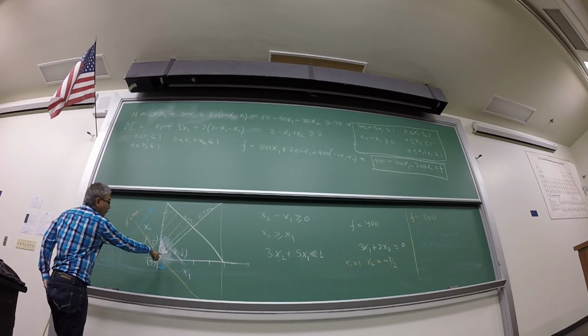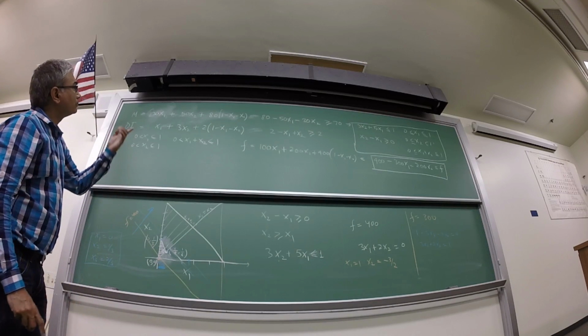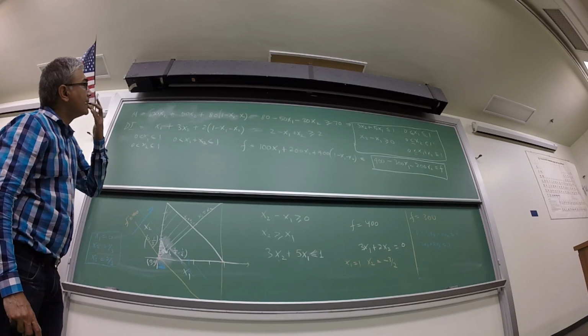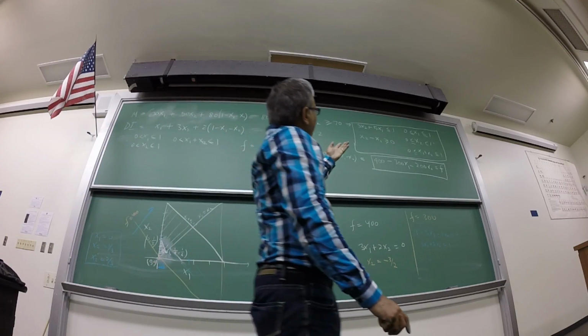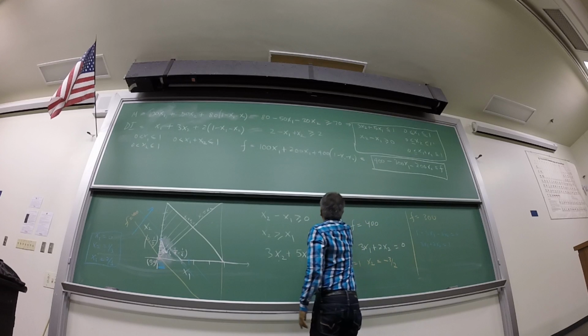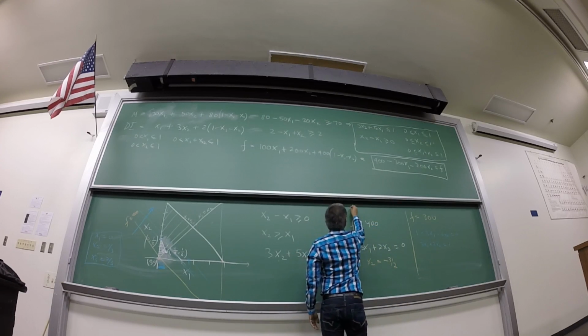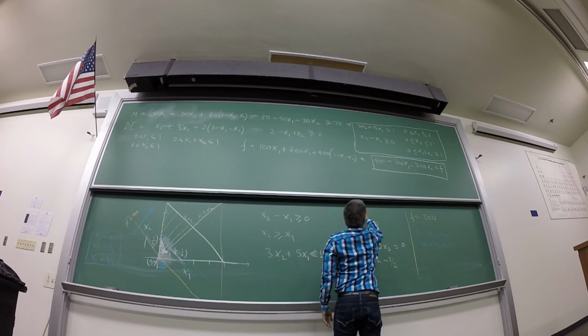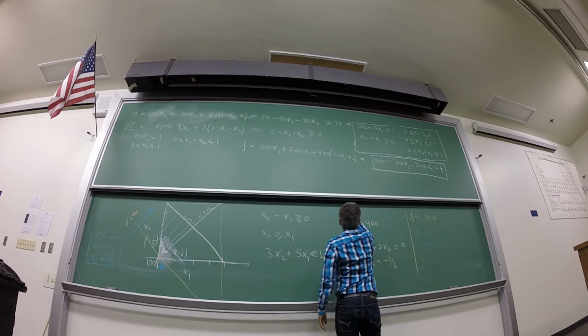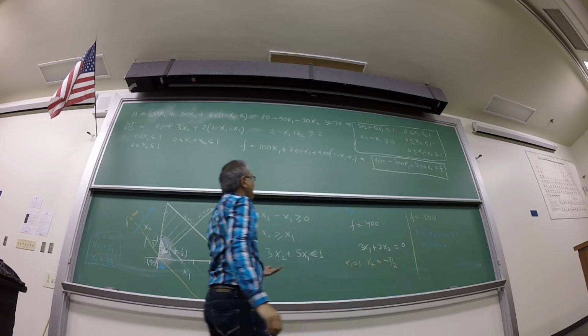Let's calculate it at 1/8, 1/8. At 1/8, 1/8, f is going to be 400 minus 300 over 8 minus 200 over 8. So minus 500 over 8, right?